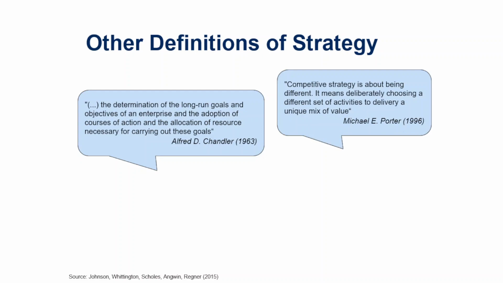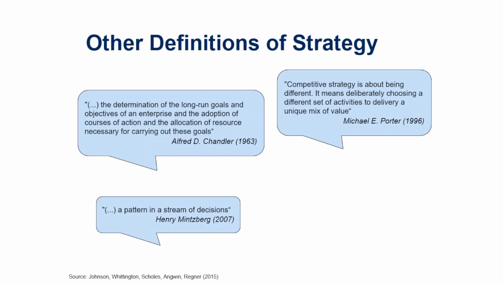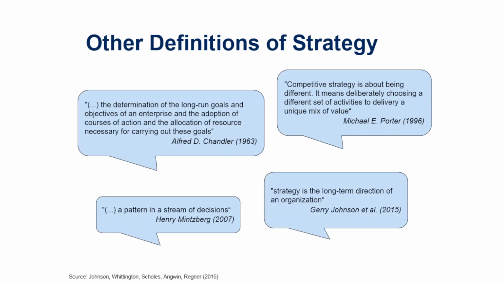Porter talks about strategy as being different from competition and choosing those activities that deliver a unique mix of value to the customer. For Mintzberg in 2007, strategy is simply a pattern in a stream of decisions. And Johnson defines strategy as a long-term direction of an organization. So all of these definitions are fairly similar.